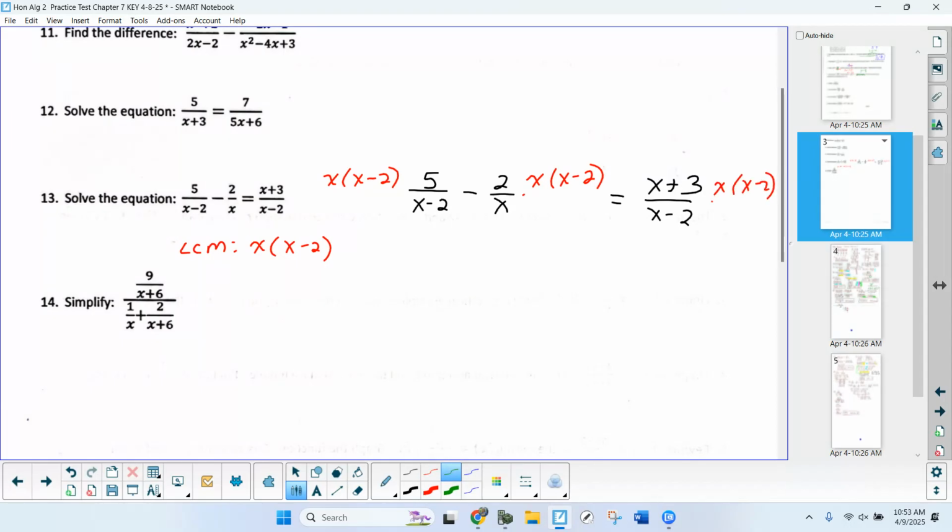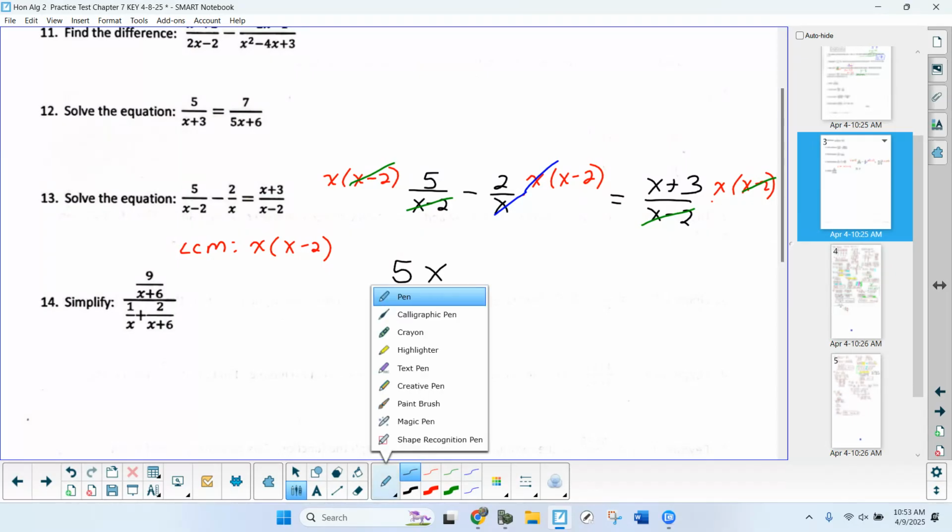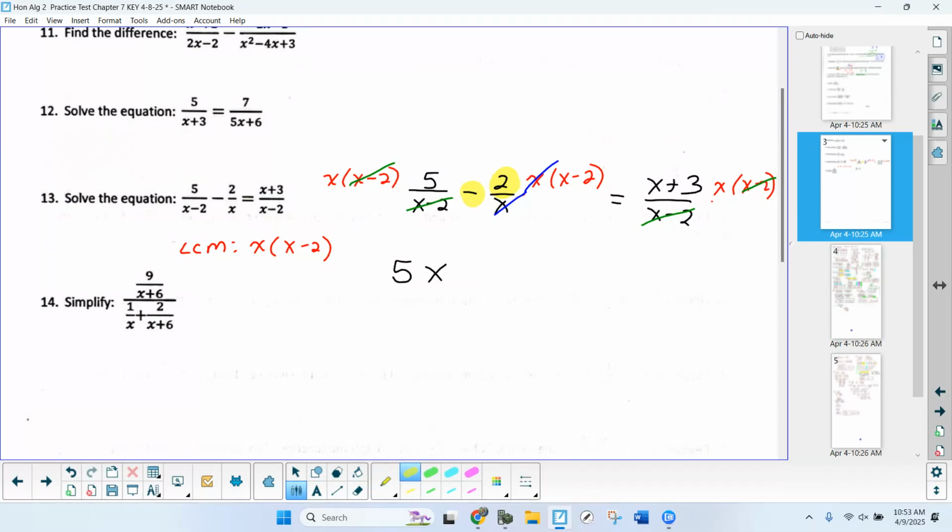Now, what cancels here? What cancels here? X. What cancels here? So, what do you have left here? Well, I have 5x. What am I distributing here? Be careful. When you distribute negative 2, what do you guys get? Minus 2x plus 4 over here.